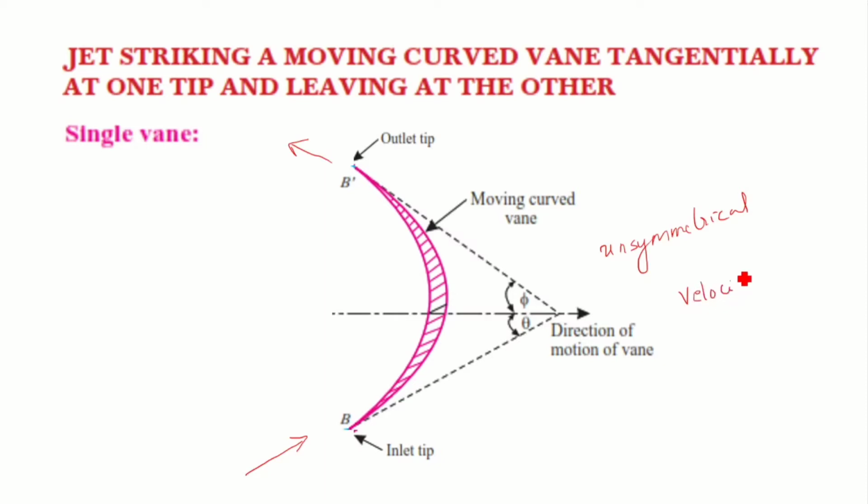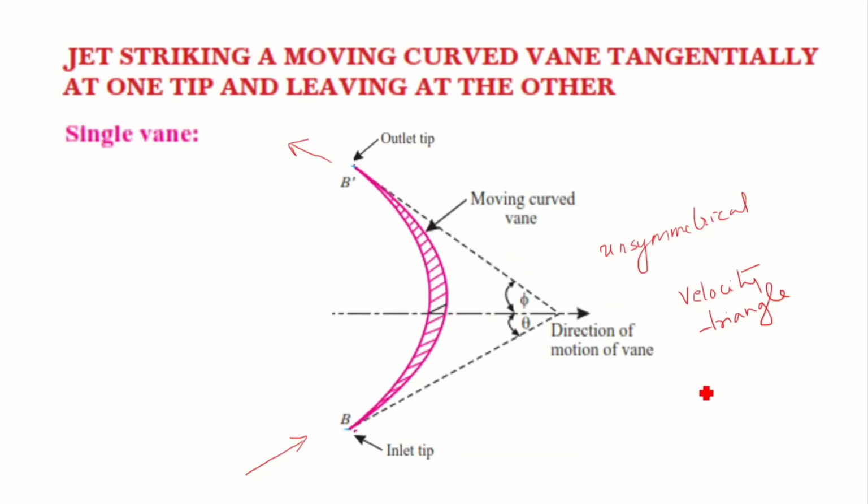By drawing the velocity triangle only, we can analyze the various conditions of the movement of a jet and how it affects the movement of the vane.